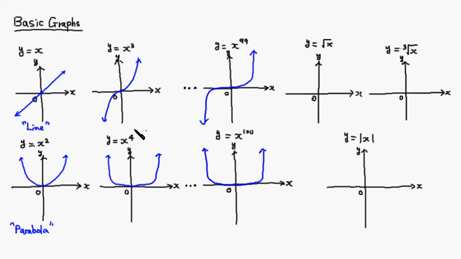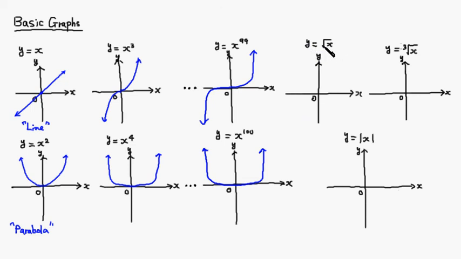So literally, we know hundreds of graphs already, right? So we can do x to the 101 power and x to the 98 power and 99 power, and so on, right? And maybe a fractional power, so y equals square root of x is a good one to know.